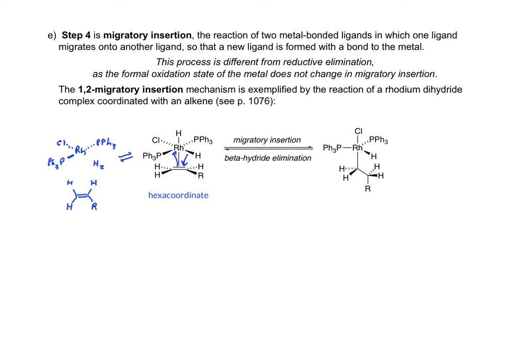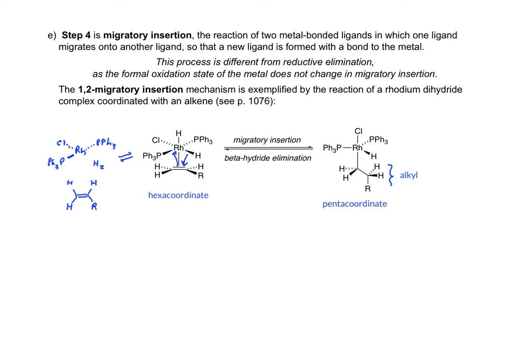This does not change the formal oxidation state of the metal, but it does reduce the number of ligands by 1, because the hydrogen atom and the alkene ligand have now combined to form a new single alkyl ligand.